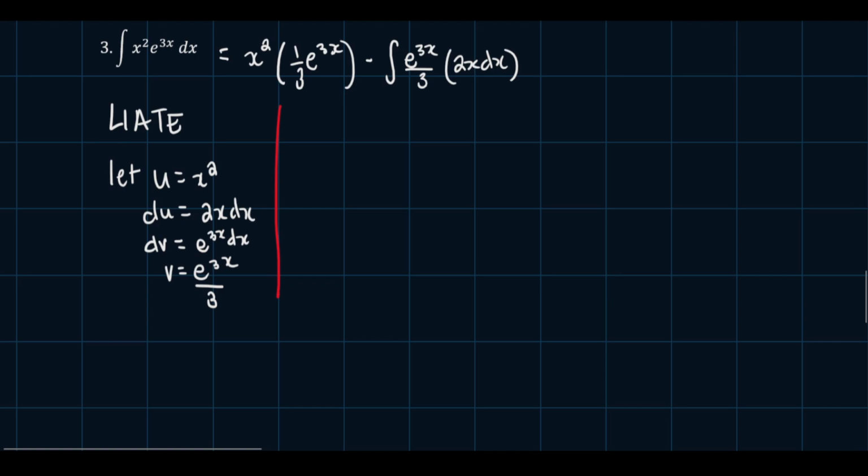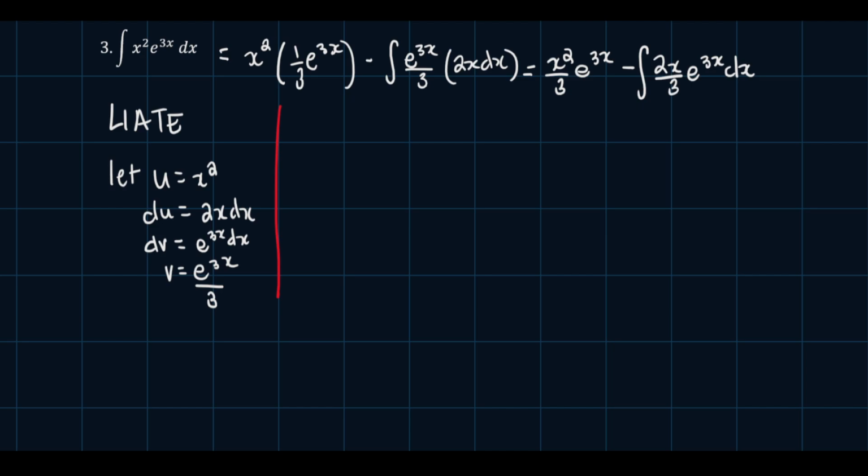Okay, simplify natin. This one is x squared over 3 e raised to 3x minus integral ng 2x over 3 e raised to 3x dx.